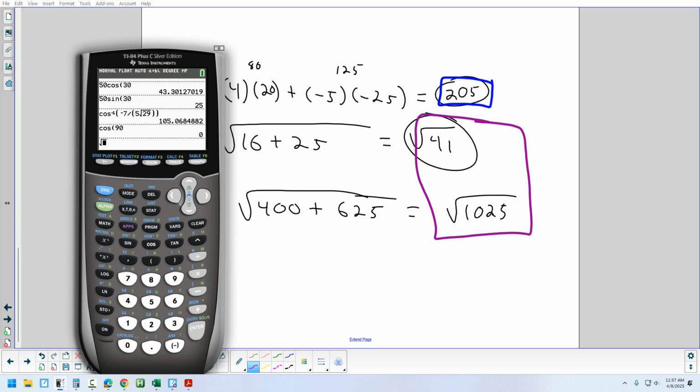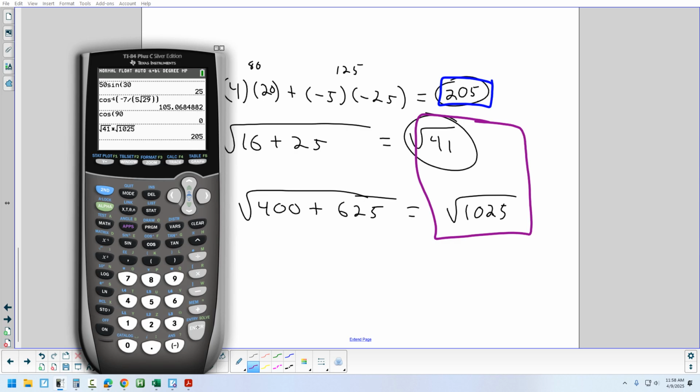So square root of 41 times square root of 1,025 is 205. So now we know the bottom number is 205 and the top number is 205. What does that mean? Well, that equals 1. They're parallel.